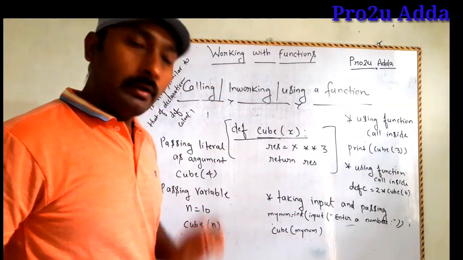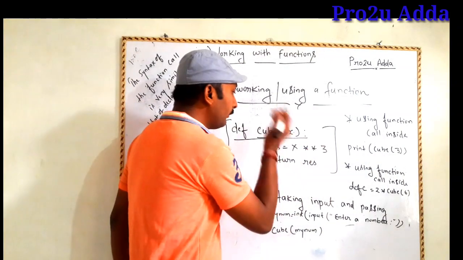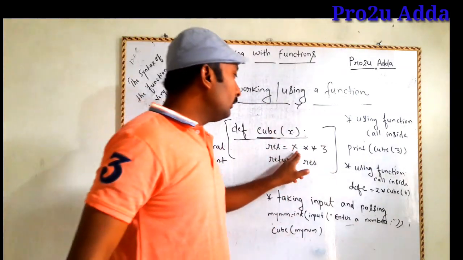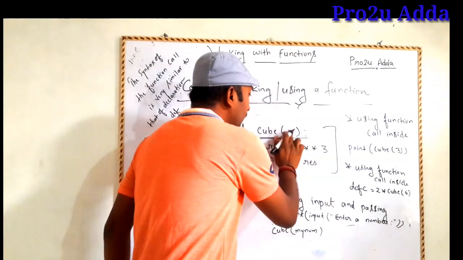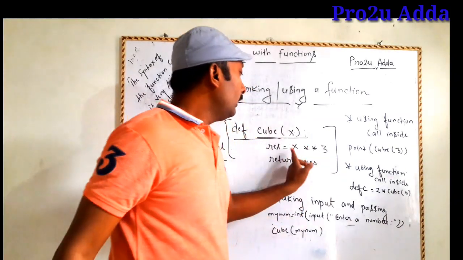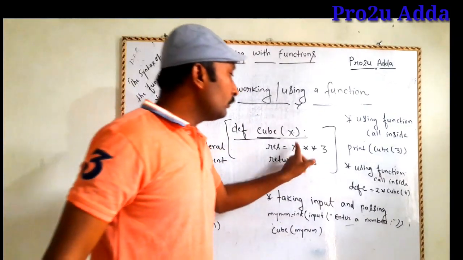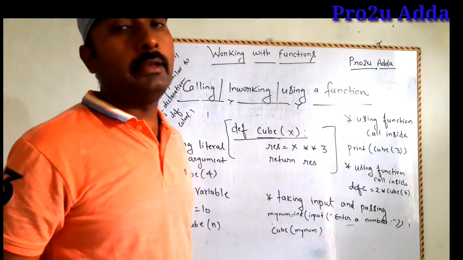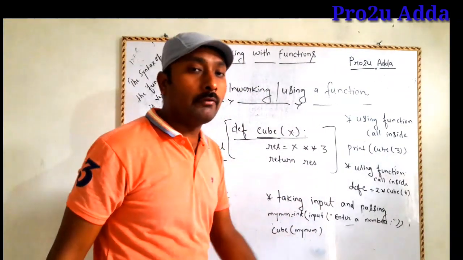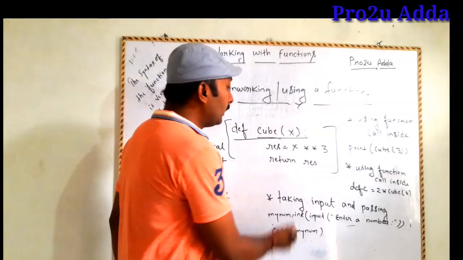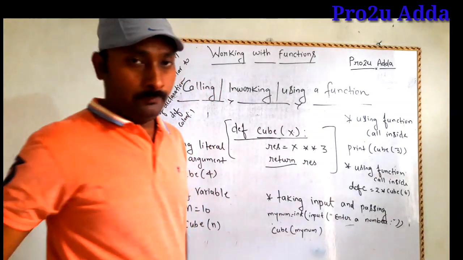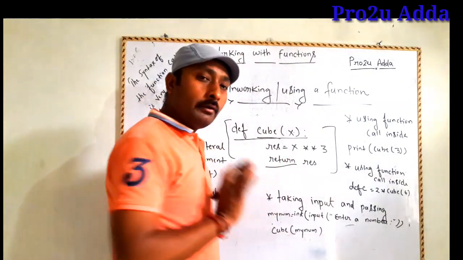The value of x comes from here only, and then we have used two asterisk signs. What does it mean? We are going to have the cube of that particular argument, and then finally we have to return that value, by using the return keyword.